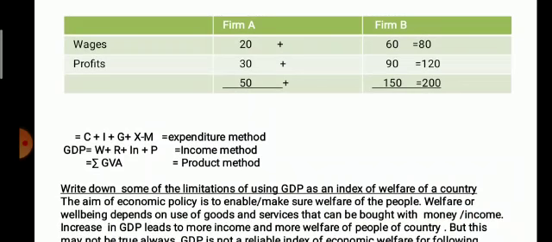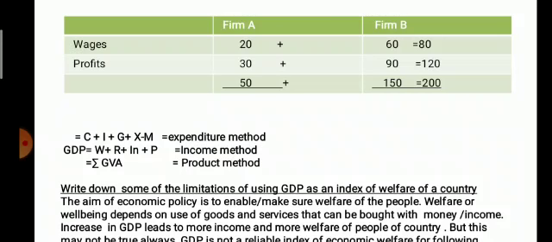So 60 plus 90 will give you 150. If you add horizontally also, wages of firm A 20 plus firm B 60 is 80. Profits of firm A 30 plus firm B 90 will give you 120. So when you add either way, 80 plus 120 will give you 200 and 50 plus 150 will give you 200, the same.